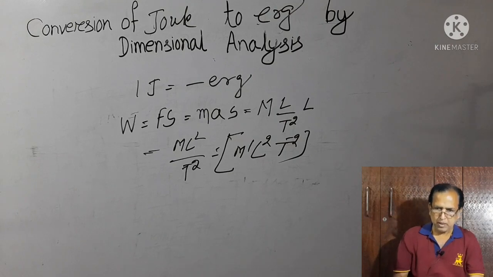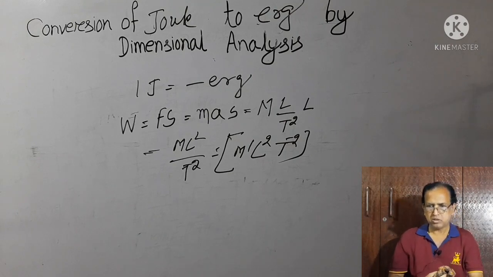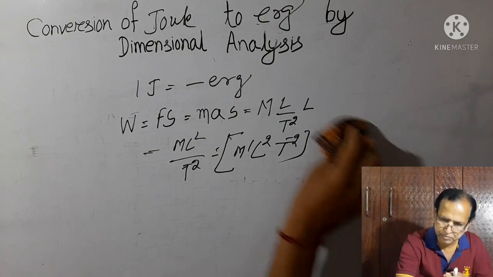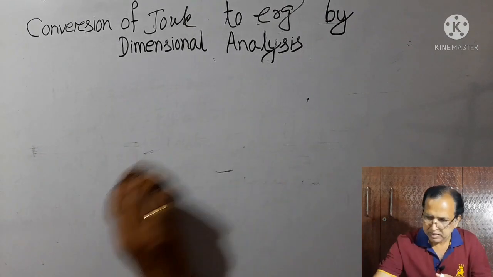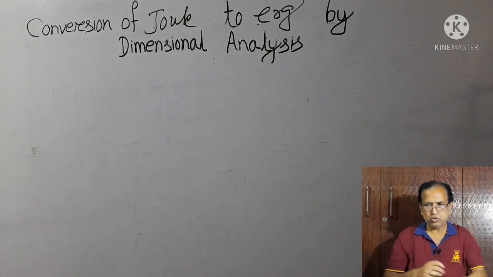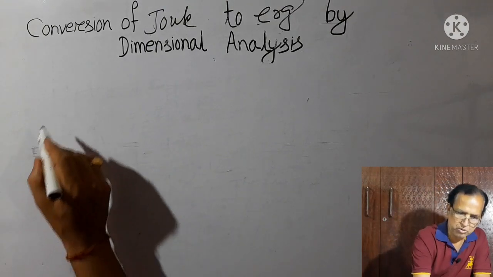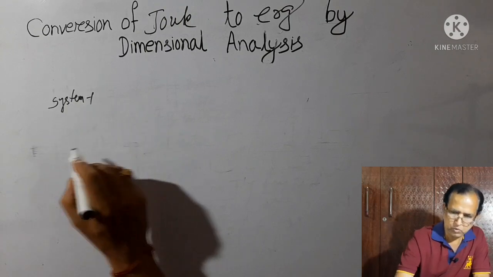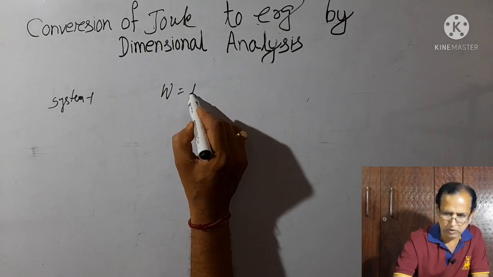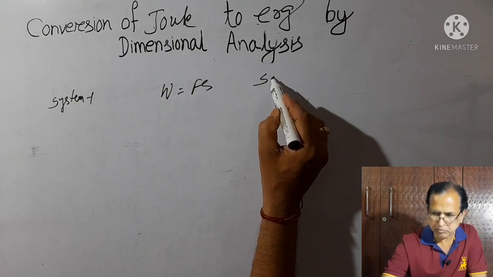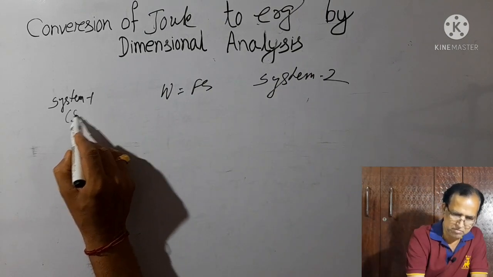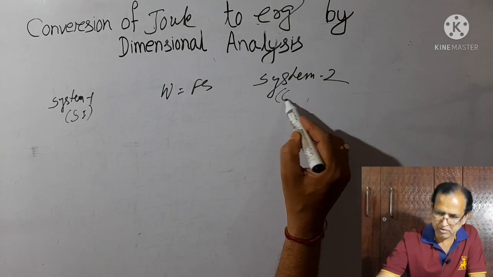Now we find the relation like Newton dyne. System 1 is the SI system, system 2 is CGS.